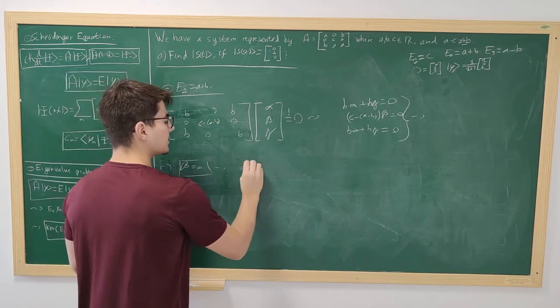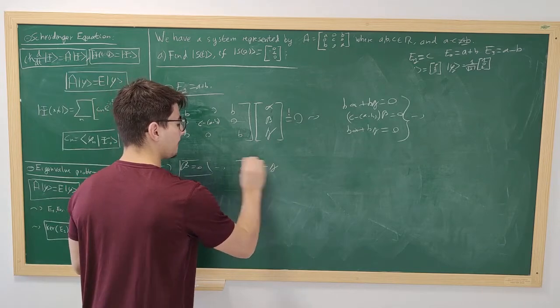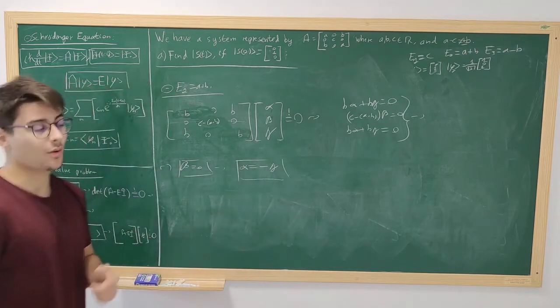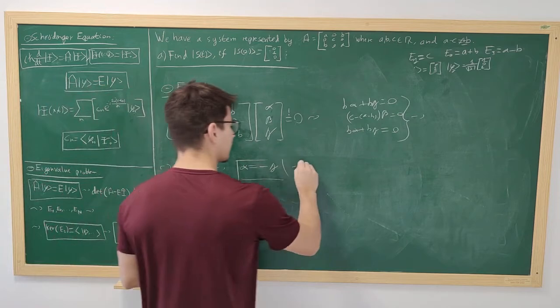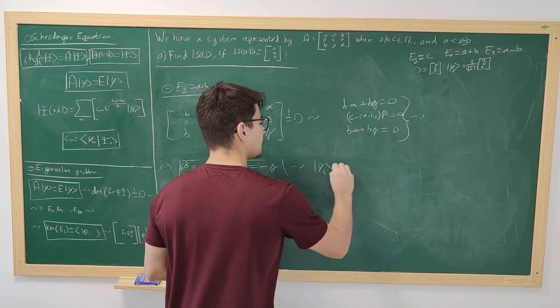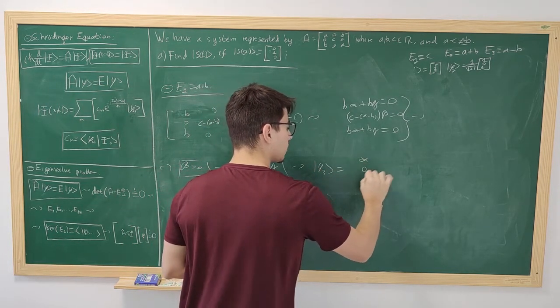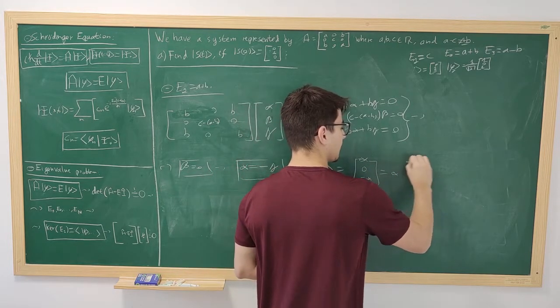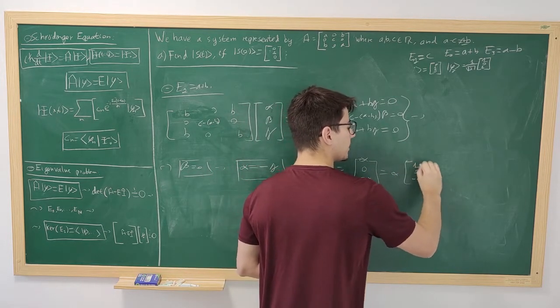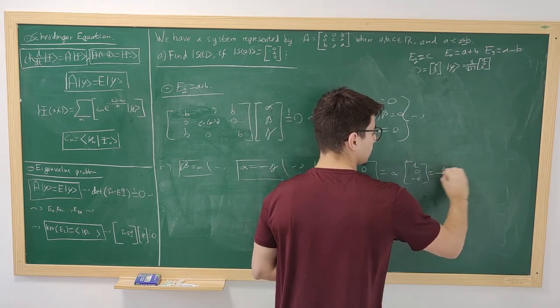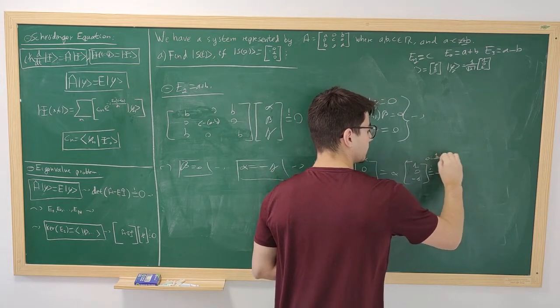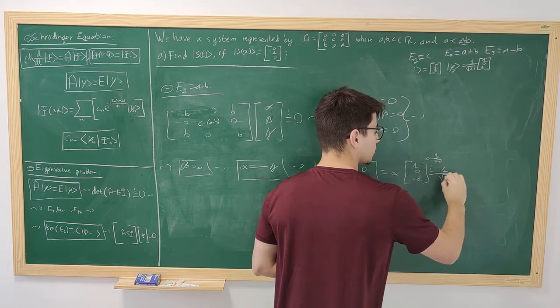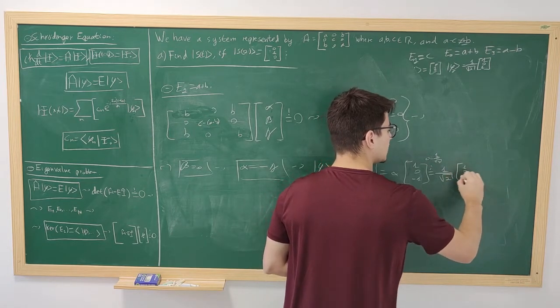And in this case, alpha is actually minus gamma. So our eigenvector is alpha, 0, minus alpha, which is alpha times (1, 0, minus 1), and choosing again the one with norm 1, we get 1 over the square root of 2 times (1, 0, minus 1).